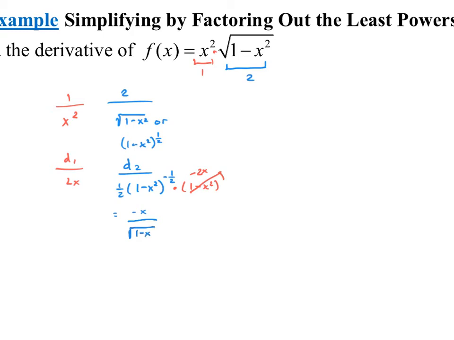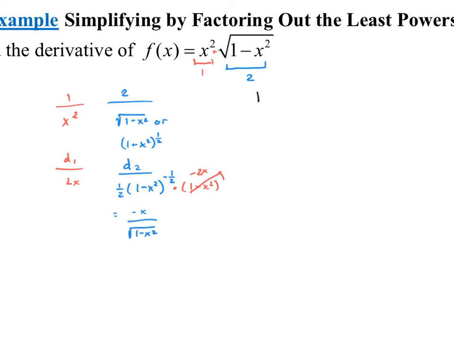So the derivative of the second function simplified is negative x all over the square root of 1 minus x squared. Negative x all over the square root of 1 minus x squared.